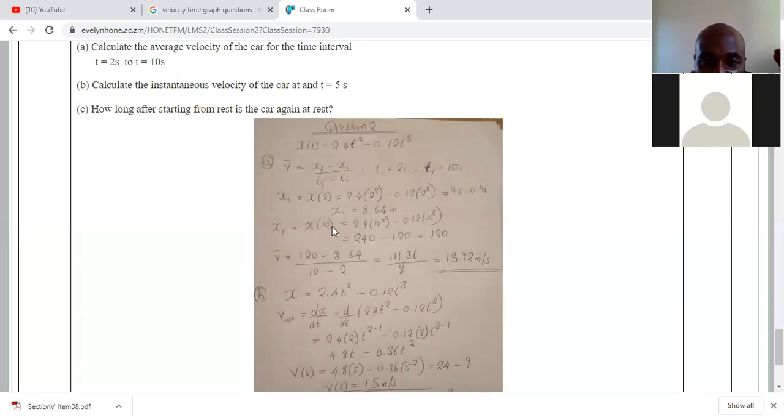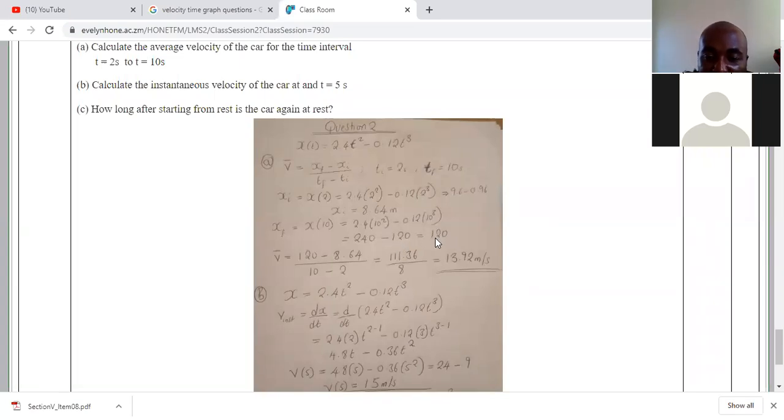Also, the final time is 10 seconds. So x final equals x at 10, equals 2.4 open brackets 10 squared minus 0.12 open brackets 10 to the power 3. When you work this out, you get 240 minus 120, which is 120.